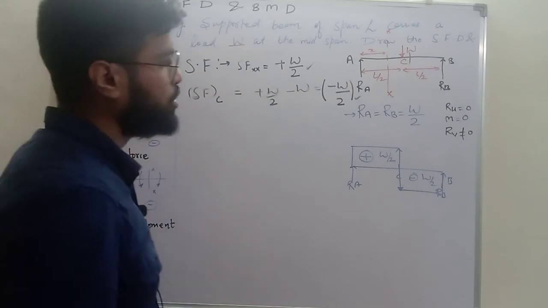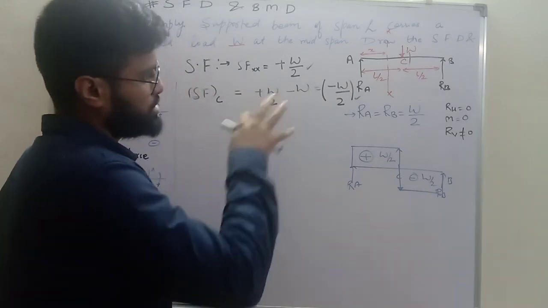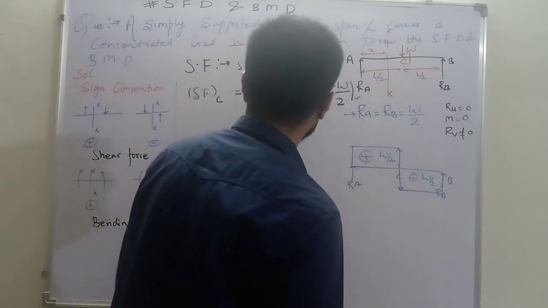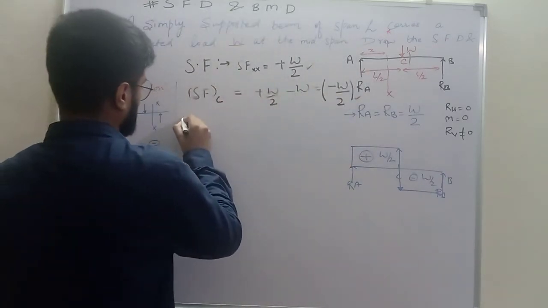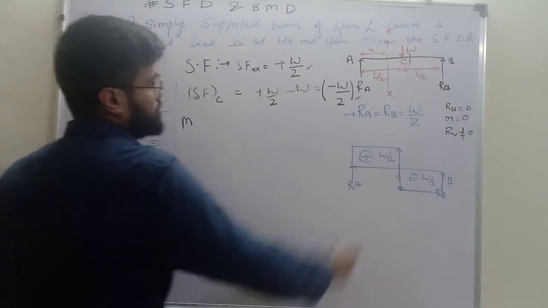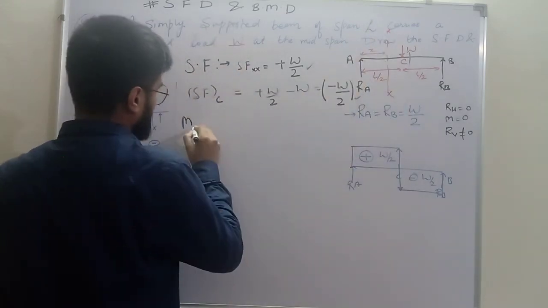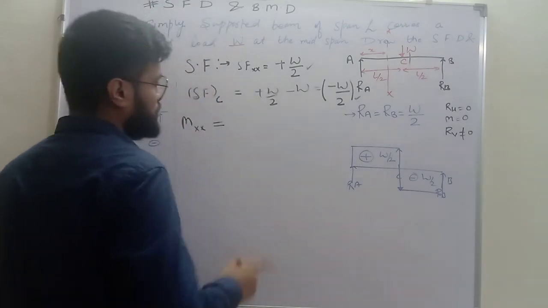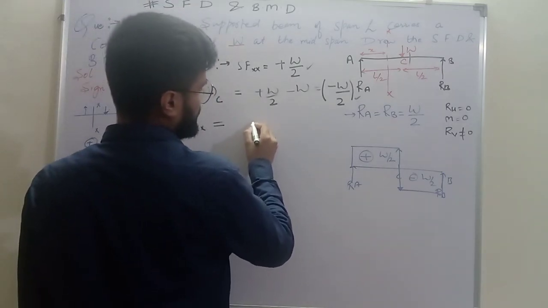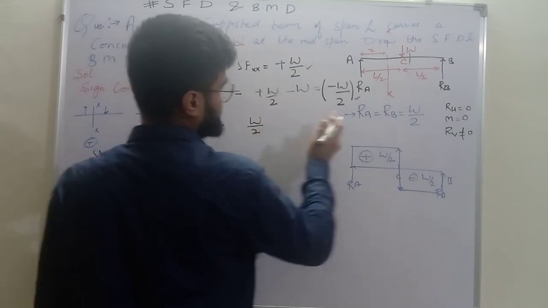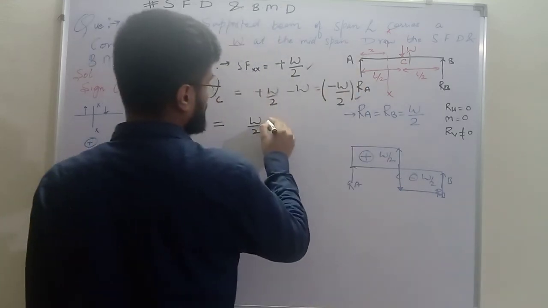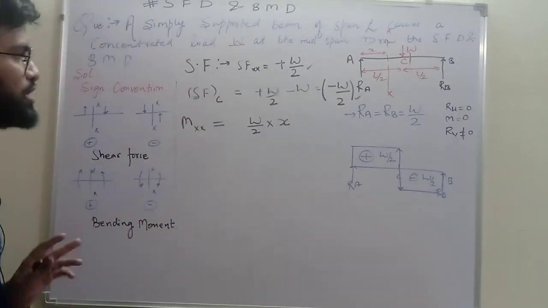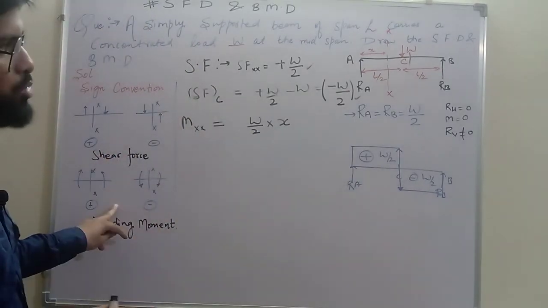Now we can draw the bending moment diagram for this same problem. How will we draw it? This is the section XX. So what will the bending moment at section XX be? It will be equal to the force W by 2, which is acting in the upward direction, into distance x. See the convention now and tell me whether it will be positive or negative.